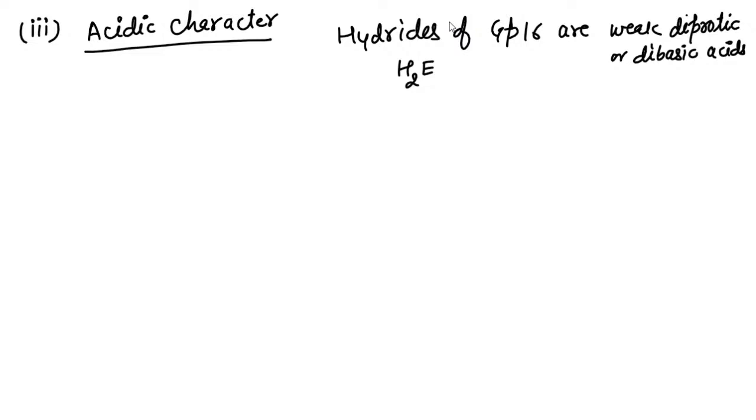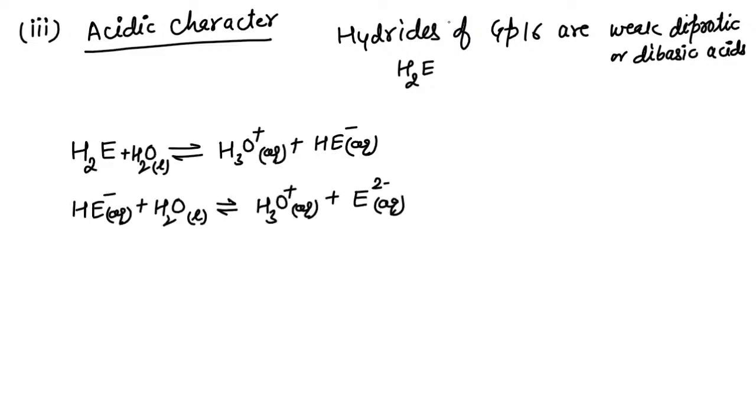So the acidic character increases down the group from H2O, then H2S, H2Se, H2Te. From H2O to H2Te, their acidic strength increases. H2O is weakest, then H2S, then H2Se, then H2Te. Why is it so?